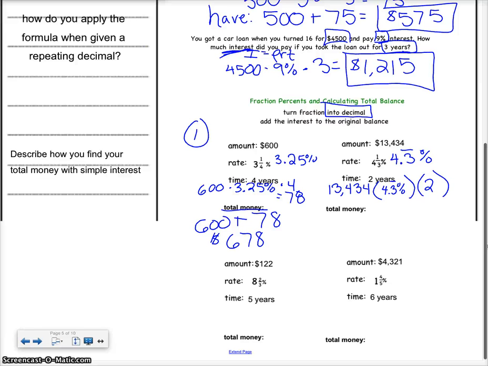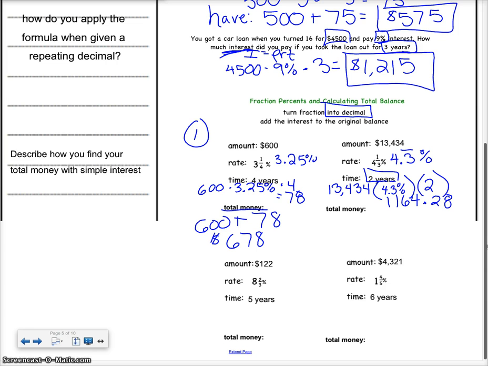You just hit as many 3's as you feel, as long as it's more than 3 of them. Make sure you turn it to a percent and then times 2. And I get $1,164.28. That's how much interest I earned in just 2 years of investing that much money.